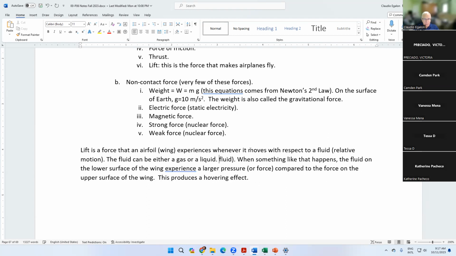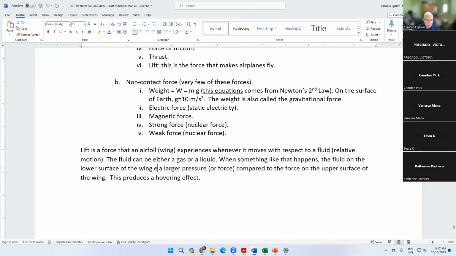When something like that happens, the fluid on the lower surface of the wing exerts a larger pressure compared to the force on the upper surface of the wing. This produces a hovering effect.